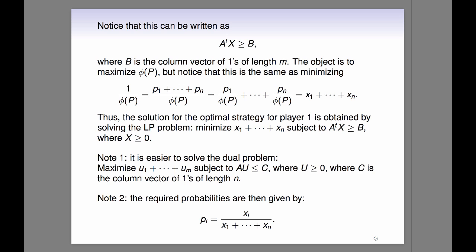Once we solve this and determine the x's, then we get the pi, the probabilities we're really interested in. They are given by xi over the sum of the x's. And that just comes directly from the definition. We know that xi was pi on phi p, and here we have 1 on phi p is x1 up to xn.